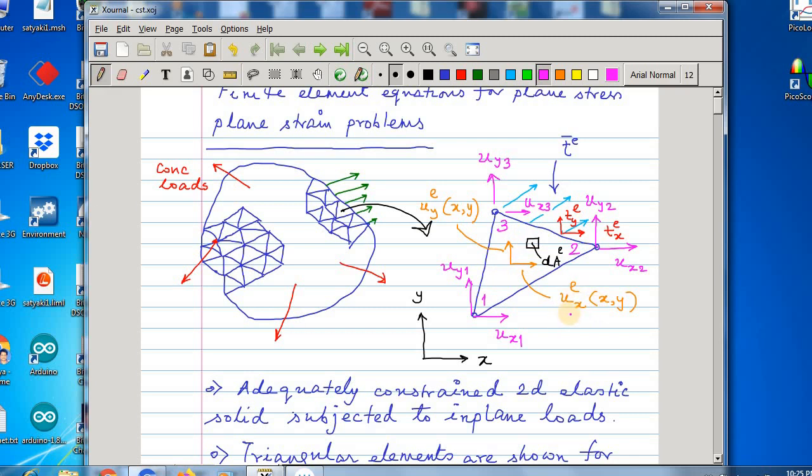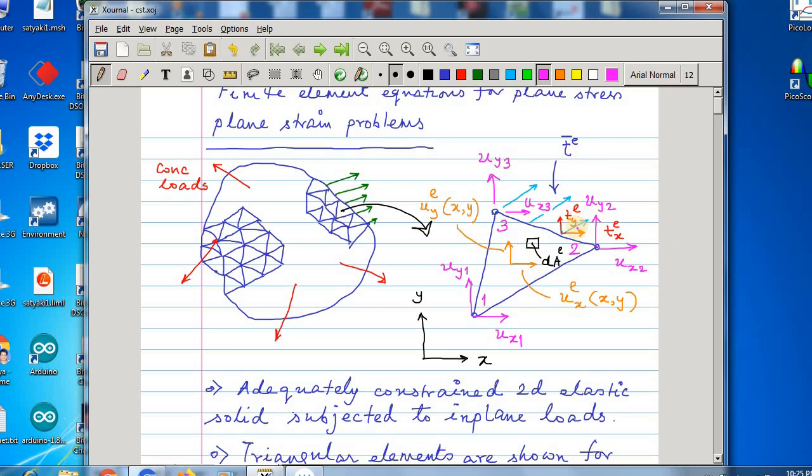Within the element ux and uy vary, so we call it uxe, and similarly there is one uye. So this is uxe and this is uye. These are functions of x and y within the element, and on this edge there is a surface traction vector.